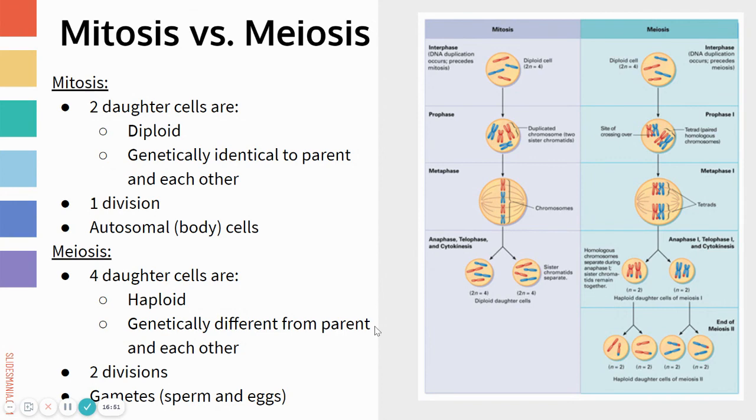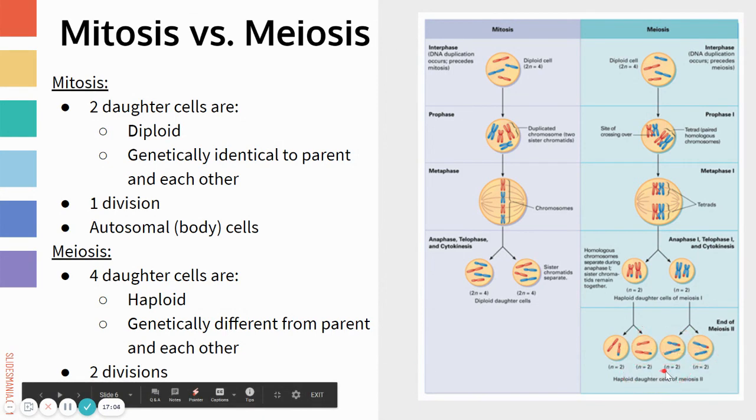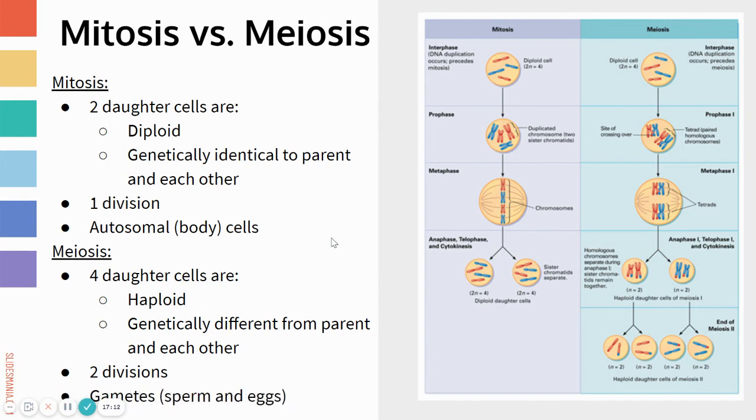And there's going to be some genetic differences between the daughter cells themselves and obviously between the parent cell and the daughter cells. In the next video, we'll talk a little bit more about how these genetic differences from these end products of meiosis come about. And like I said, we've got two divisions, and these are going to be used to make sperm cells and egg cells, which are specialized sex cells called gametes.